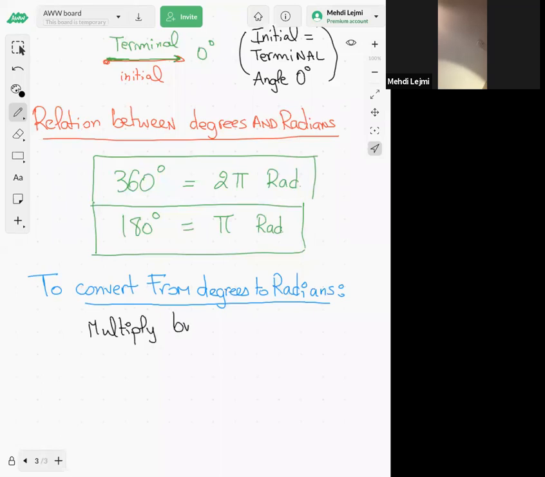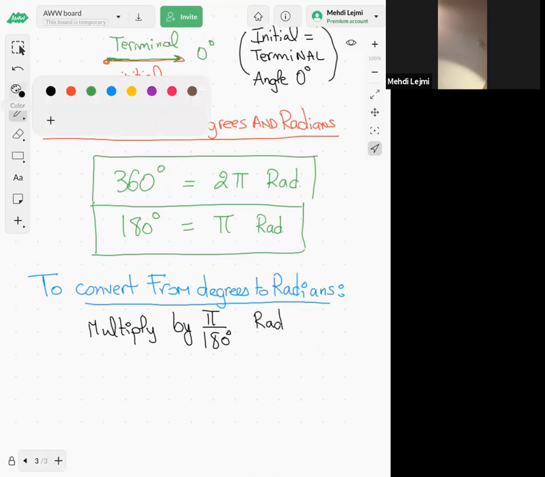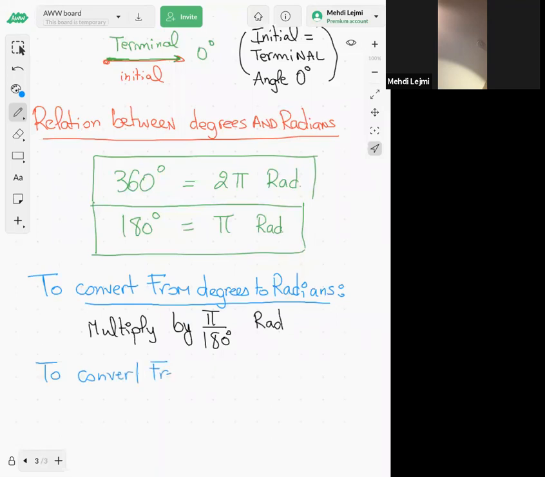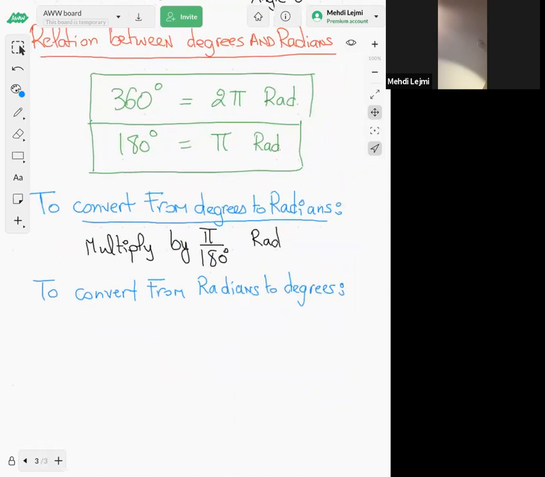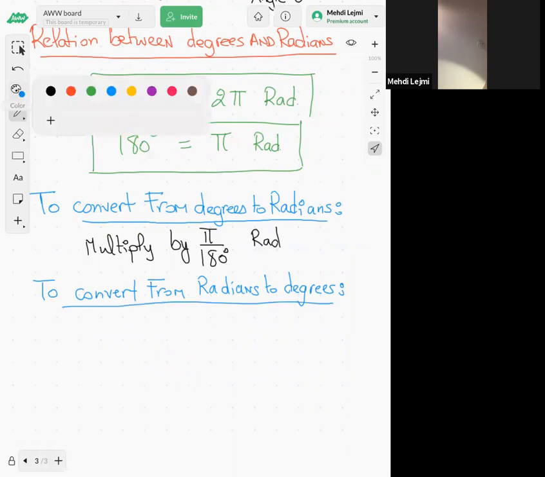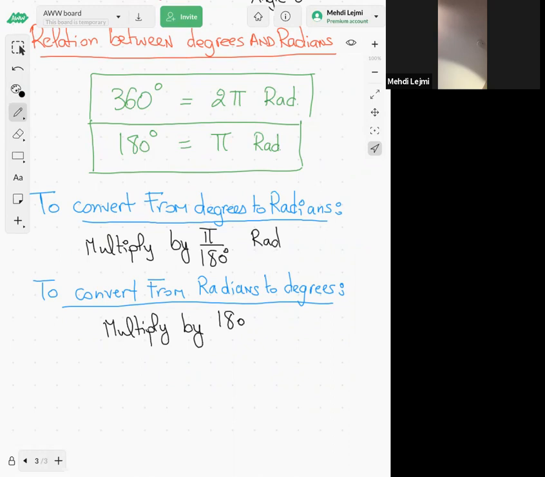And if you want to convert an angle from radians to degrees, you multiply by the reciprocal, 180 degrees over pi.